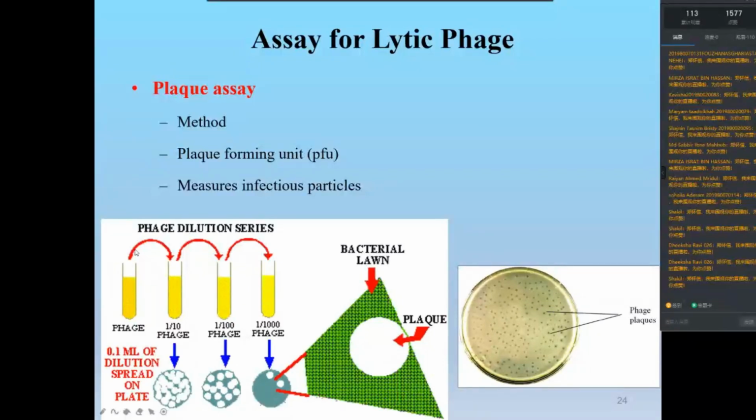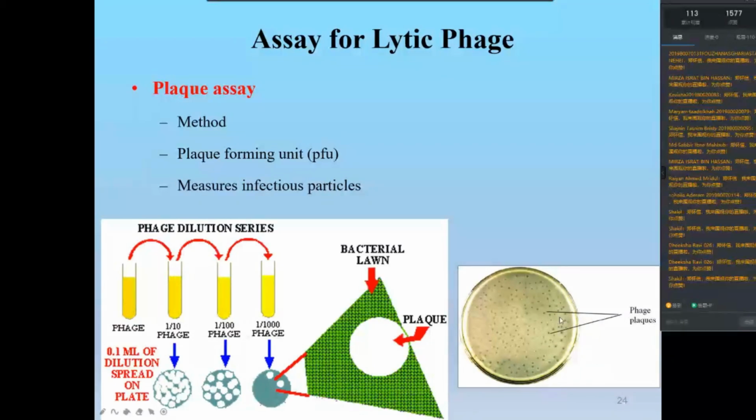And then you plate different dilutions of the phage, and if the dilution is proper, you will have single lytic plaque. So the phage will lyse the bacteria in this area. So you can see with your naked eyes that this area is clear. This area is clear. And this clear area or clear circle we call a plaque or phage plaque.